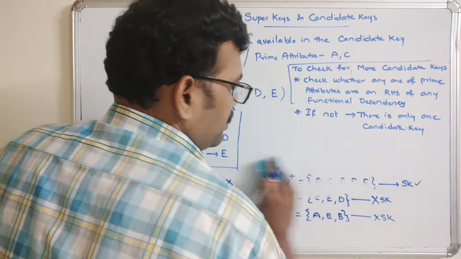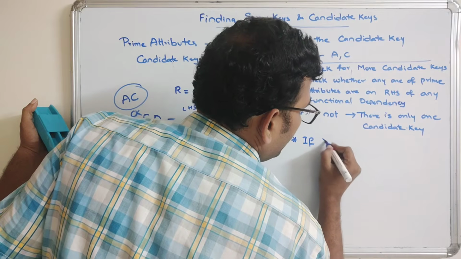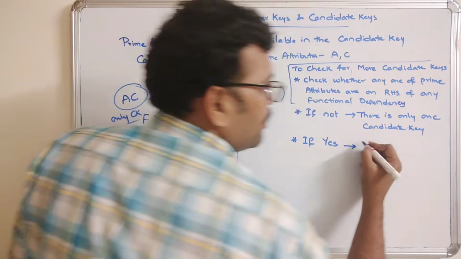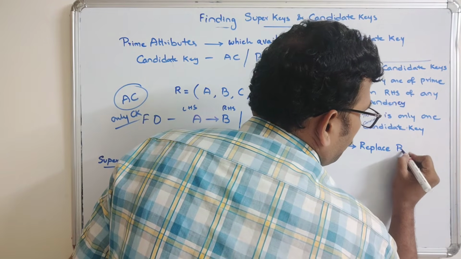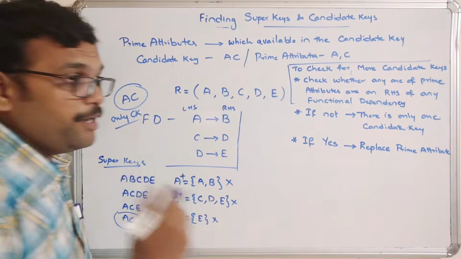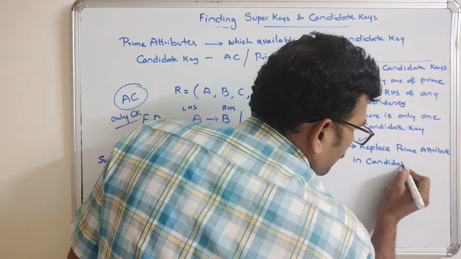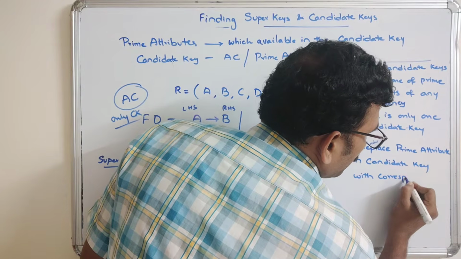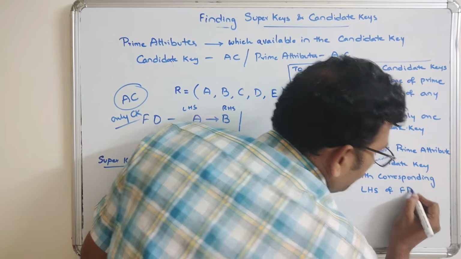If yes, then replace the prime attribute in the candidate key with the corresponding LHS of the functional dependency.